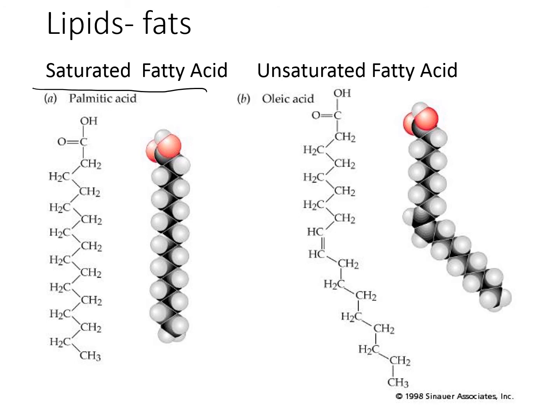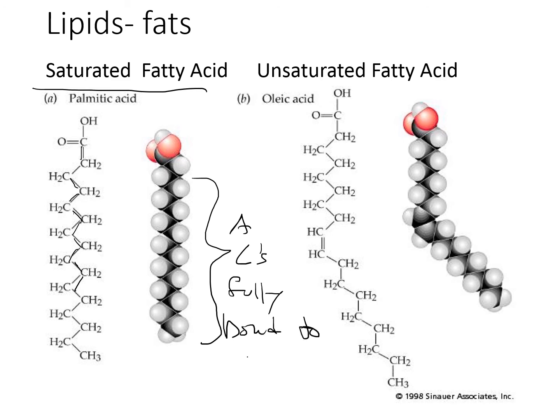We call them saturated because all of carbon's 4 bonds in the fatty acid chain, or the tail of the fatty acid, this part, are fully bound to hydrogen. Remember, each carbon can make 1, 2, 3, 4 bonds, and in this chain, 2 of the bonds have to be to adjacent carbons.